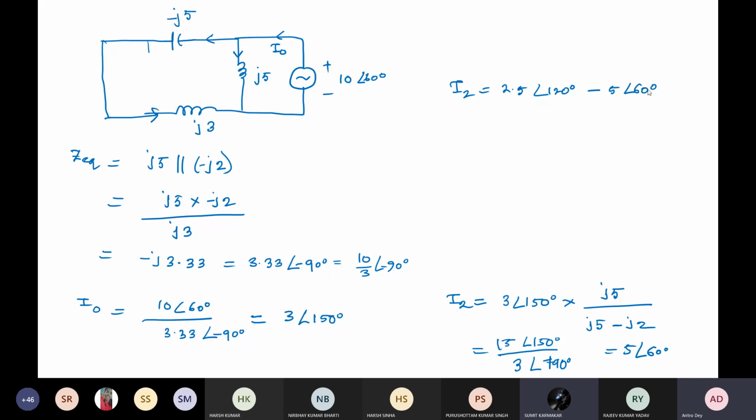Okay. So you will get it as, if I change from polar to rectangular, 2.5 angle 120, so minus 1.25 plus j into 2.165, minus, here it is to be shift rec, 5 comma, let us write it as minus 5 comma 60.